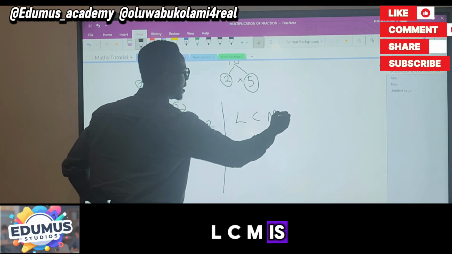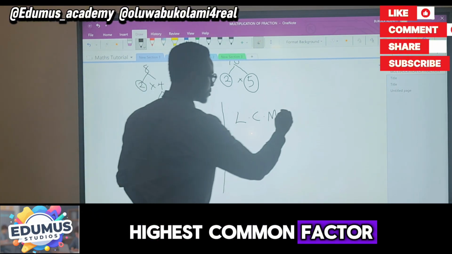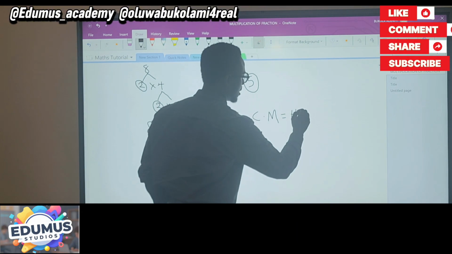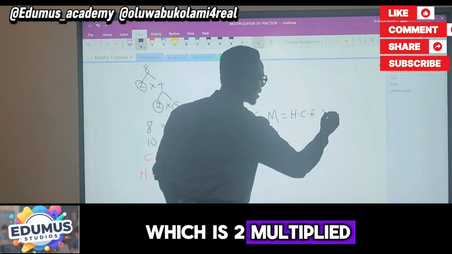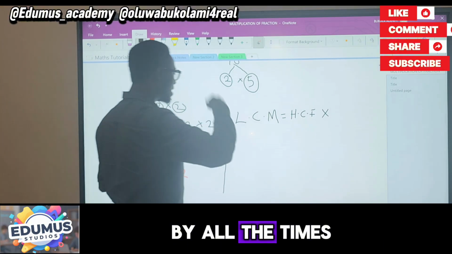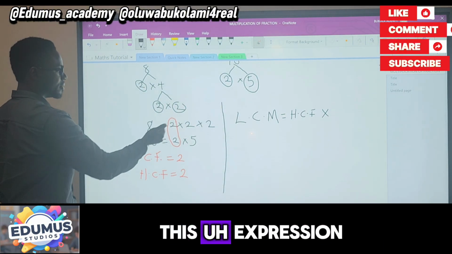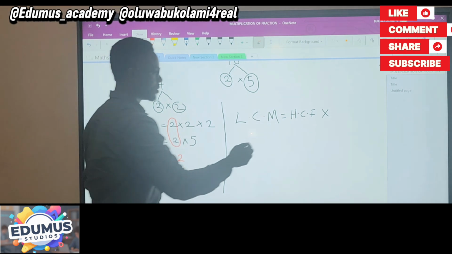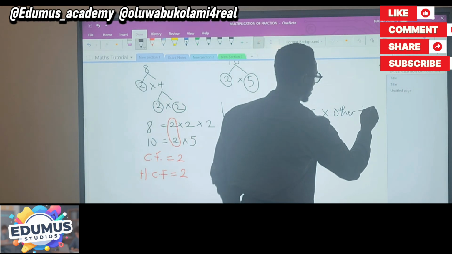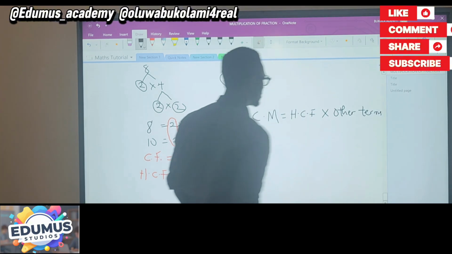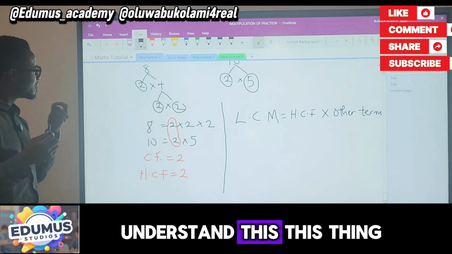LCM is now equal to that highest common factor, which is 2, multiplied by other terms in this expression. Other terms in this expression. Why? I want you to understand this very well.